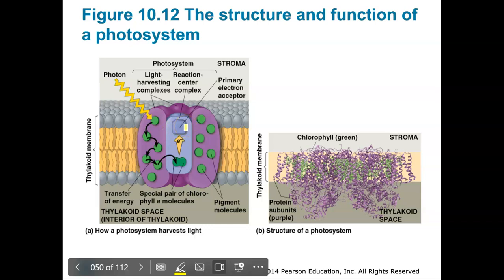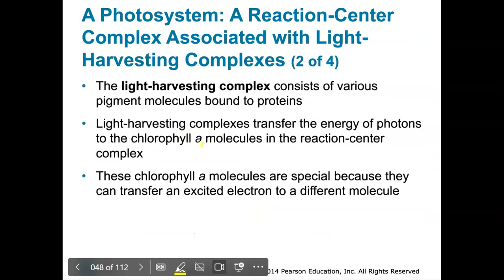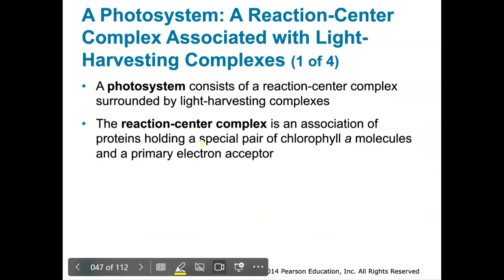And at that point, it's going to be used to generate NADPH and ATP in a process that involves an electron transport chain. So, a photosystem is a reaction center complex, and then a bunch of pigment molecules, which we call light harvesting complexes.